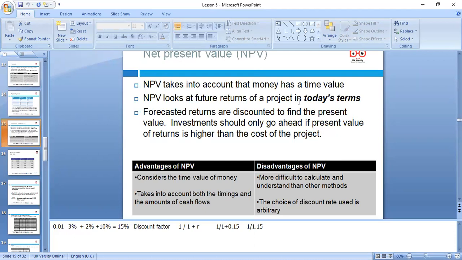We also need to choose the discount rate, and that can be arbitrary. It can be 5, it can be 10; you estimate it as best you can. For example, at the moment inflation is 10% and the base rate is 4.5% in the UK, so your discount factor can be higher than 15%. Yes, you can use the cost of capital you have.